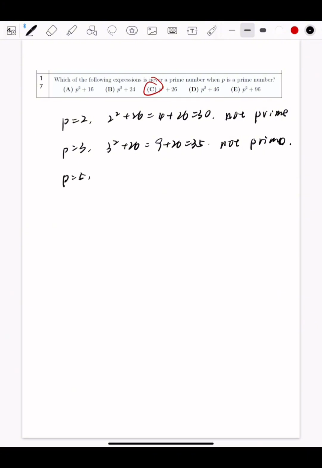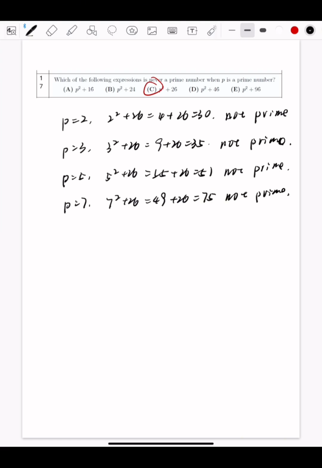For p here, not prime. And for p here, also not prime. And this is also not prime. So we know that C is the correct answer here.